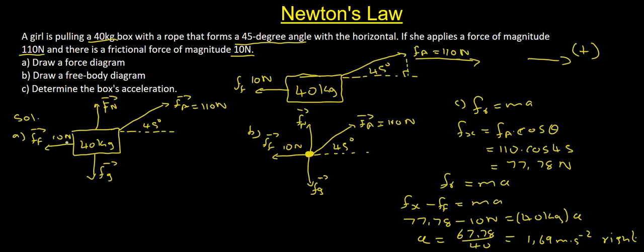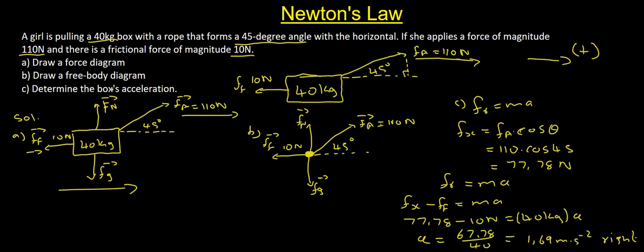Since our box is not moving up and down, the gravitational force and the normal force balance. We draw both of them. Then the force acting at a 45-degree angle is our applied force of magnitude 110 Newton. Then the frictional force that is acting horizontally in the opposite direction is 10 Newton. Then this is our force diagram.